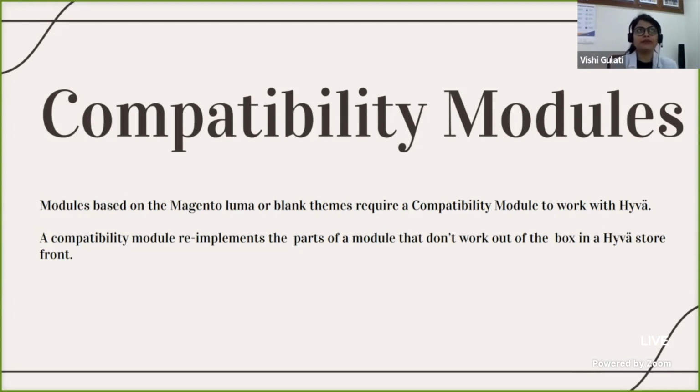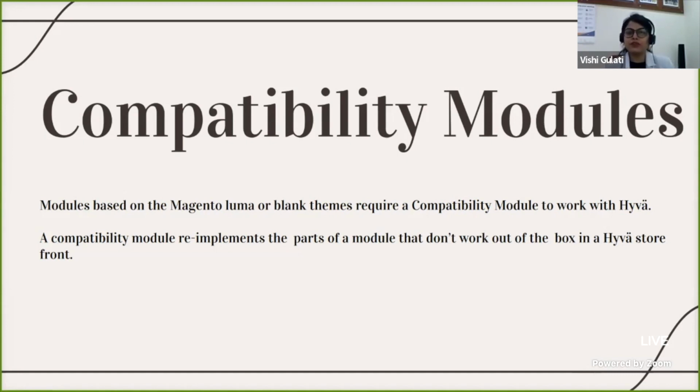That's where the compatibility modules come in. A compatibility module, not actually rebuilding the extension, just re-implements only those parts of that module which are not working with the Hyvä storefront. So suppose you have an XYZ extension and its front end is not working with Hyvä.